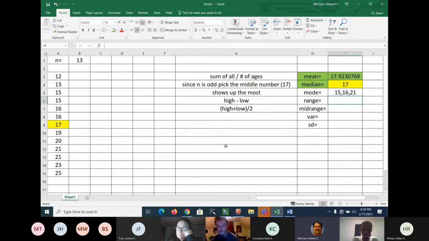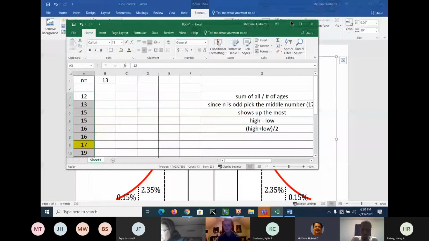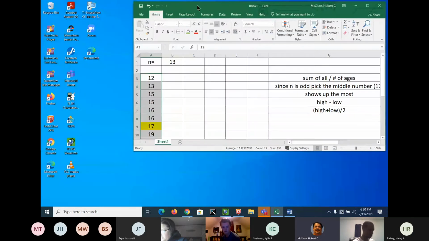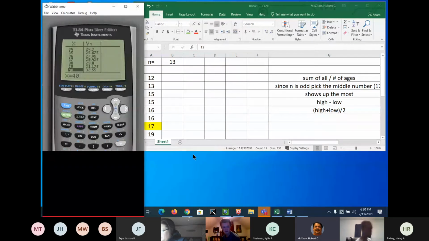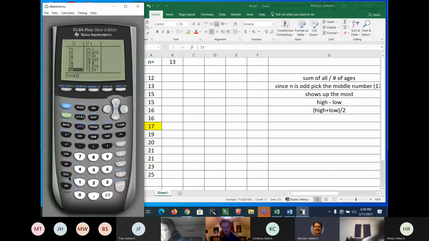Okay, did y'all add them up and divide by 13? I'm going to do it with you. Let me get my handy dandy calculator. Y'all ready? So I'm going to take, well, I can't get the calculator to work.